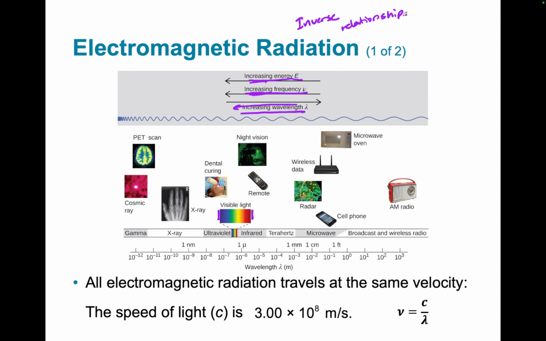So inverse means that when one goes up, the other goes down, whereas direct means that when one goes up, the other goes up. On the other hand, between energy and frequency, they have a direct relationship, because as one goes up, the other goes up. As one goes down, the other goes down, right? So you can just see that too from this little visualization here.